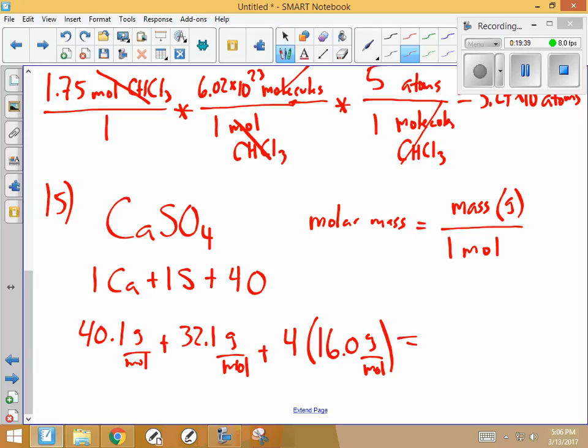And when we do the math, we have about 64, 96, 136.2 grams per mole is the molar mass. Okay? That is 15, and that is your first homework assignment for Chapter 10.